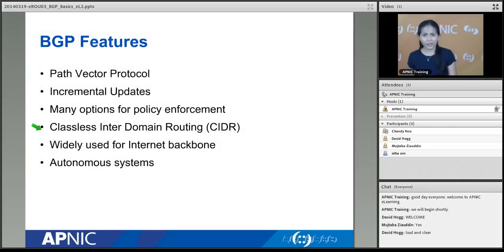The AS path is the list of autonomous systems that it needs to traverse to get from point A to point B. Another feature of BGP is that it sends incremental updates to peers. BGP uses incremental updates, which is very strategic to conserve bandwidth and also to conserve processing power. This is, let's say, after the initial exchange.